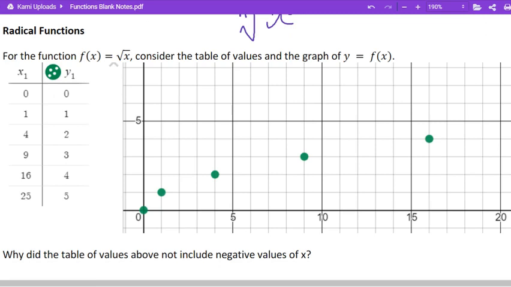Can anyone see the mistake I'm making right now? Okay, think about it. This is a quadratic function, and I'm saying, look at me, this is a radical function. No, it's not, Miss Sly. Why is it not?